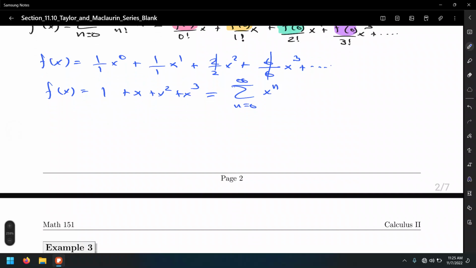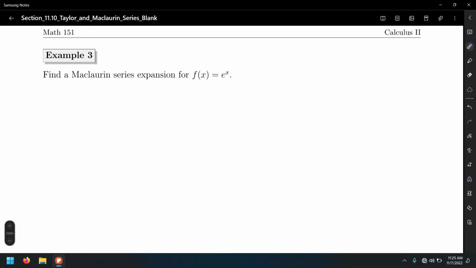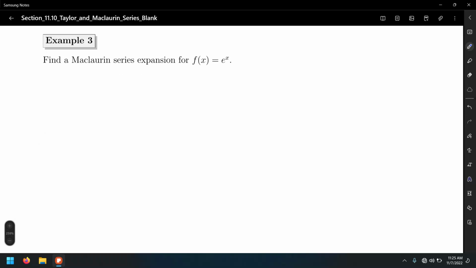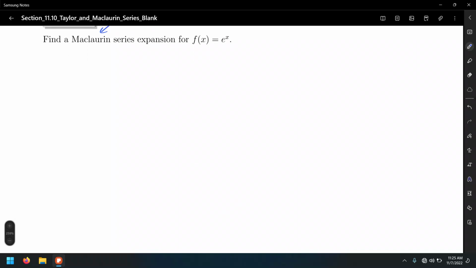So let's get, at last, a series expansion for the function e to the x. Well, so we need to find a few derivatives. 3 are fine, and again, Maclaurin means centered at 0.